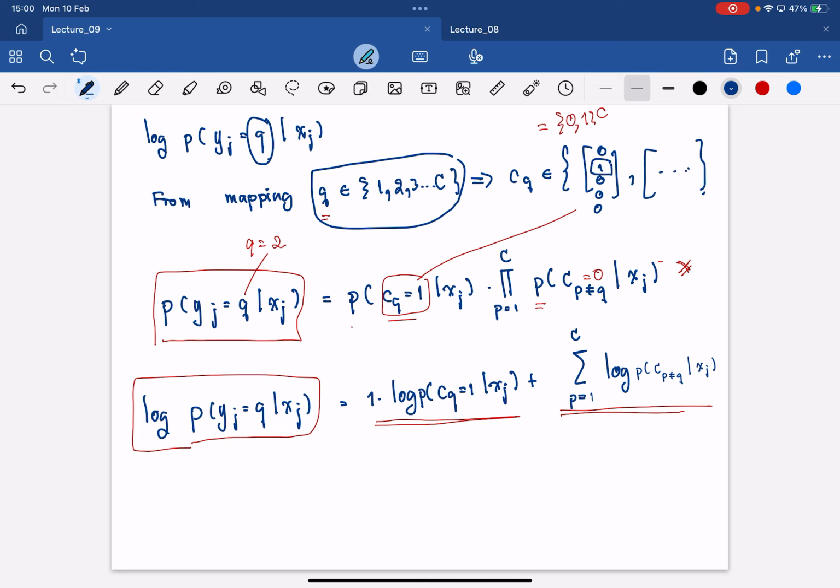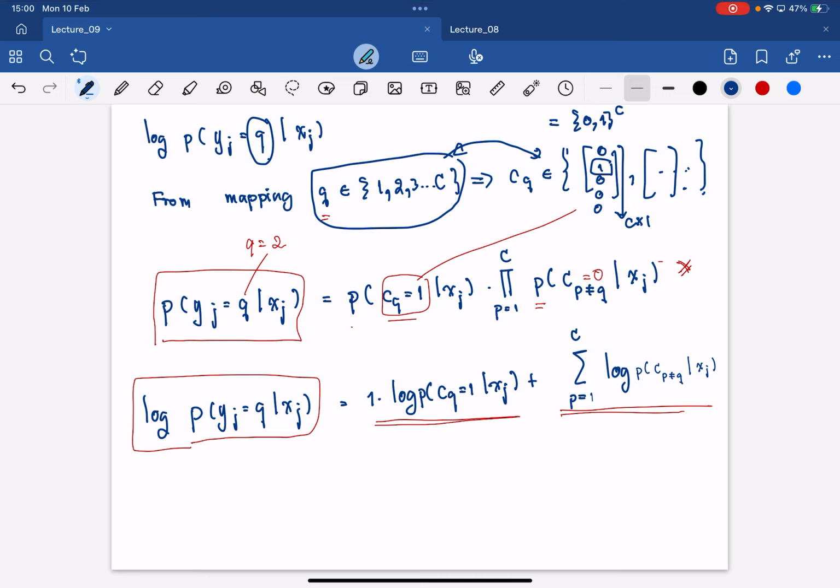There are many vectors that could represent this class. But just to denote that, sometimes we use a set notation, {0, 1} to the power of C, to refer to the fact that the size of this vector could be C times 1.